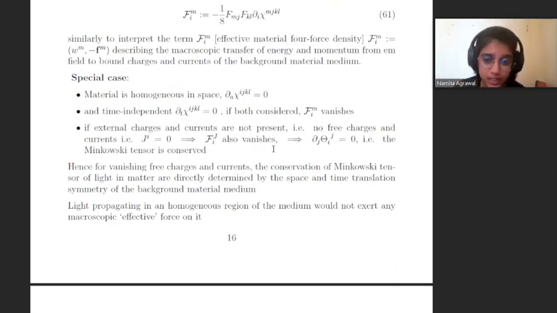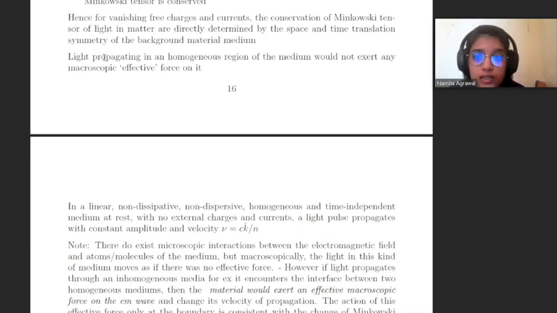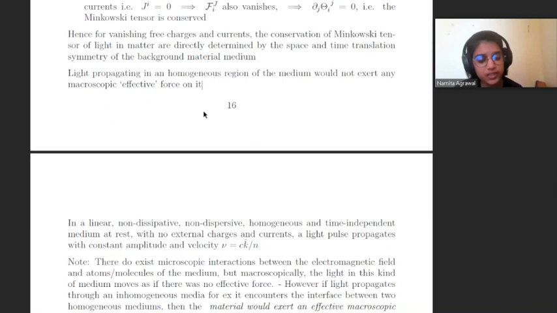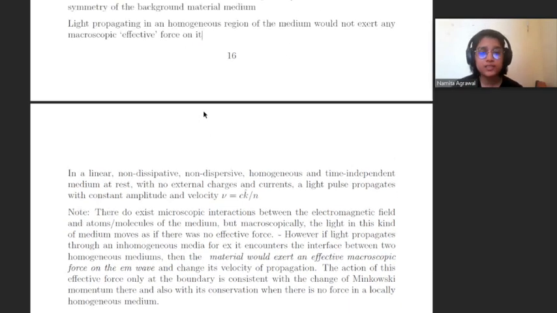It just means that if the background medium is completely isotropic and homogeneous, there are no variations in the constitutive relations, and there are no free charges and currents, the medium would not apply any net effective force on the EM field.